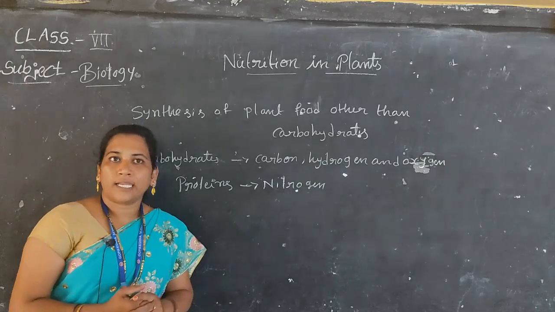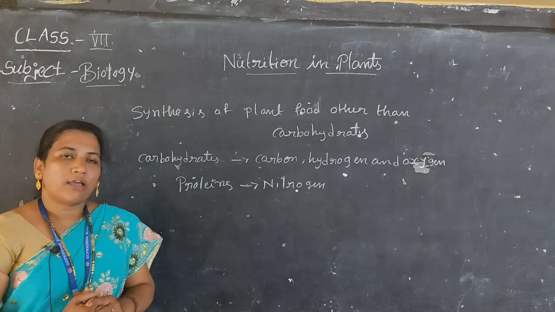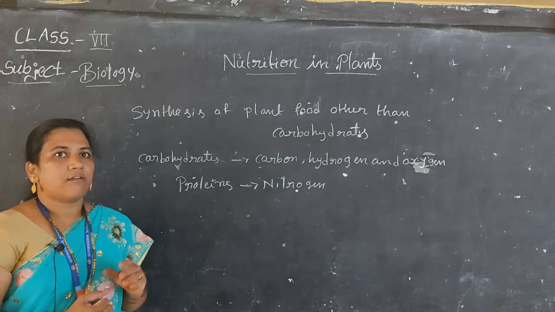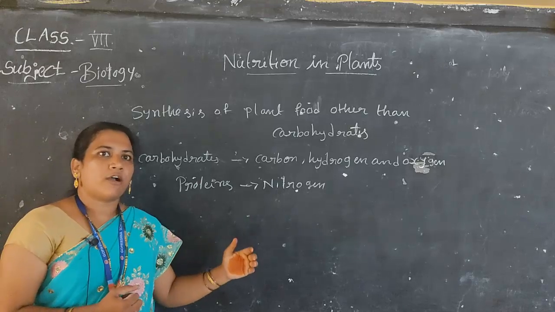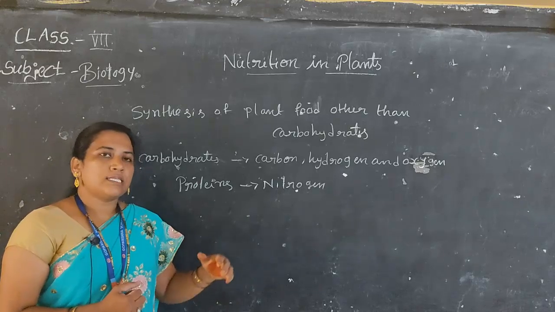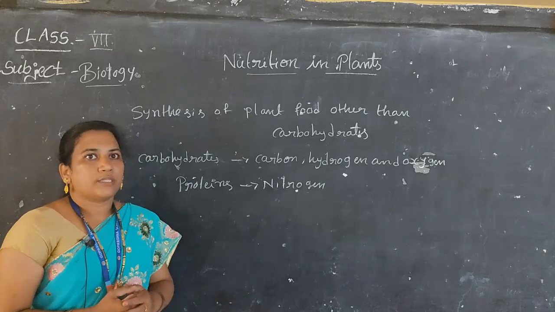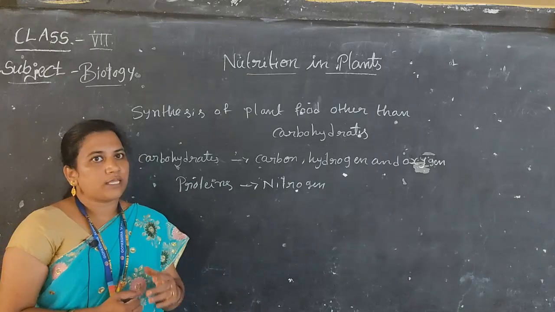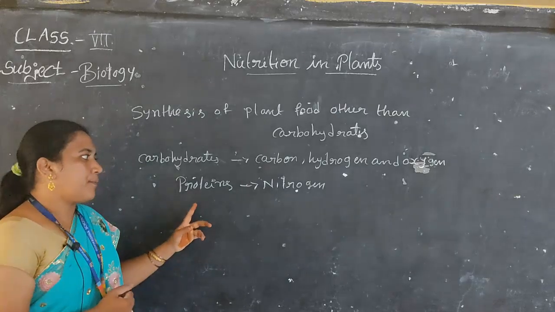What do we call that bacteria? Nitrogen fixing bacteria. What is the role of the bacteria? It converts the atmospheric nitrogen into a soluble form of nitrogen. This nitrogen is absorbed by the roots of the plant so that it can be transported throughout the plant. That nitrogen is helpful to synthesize proteins.